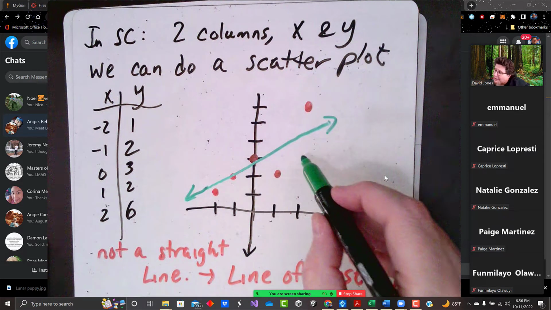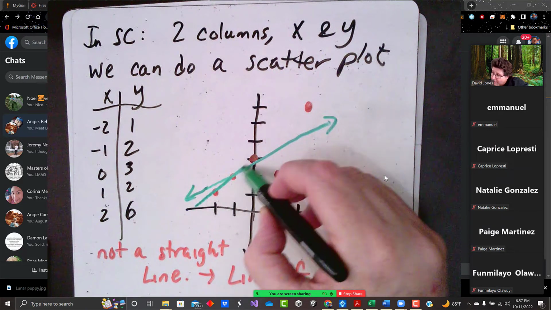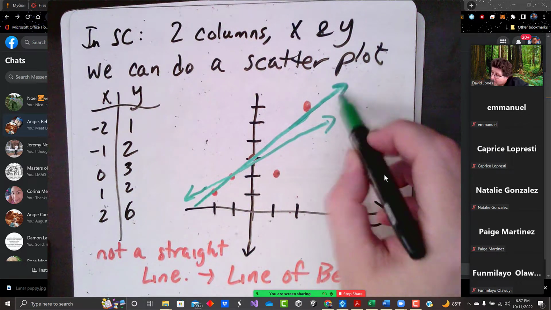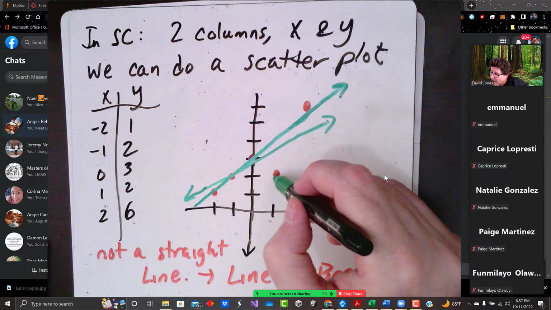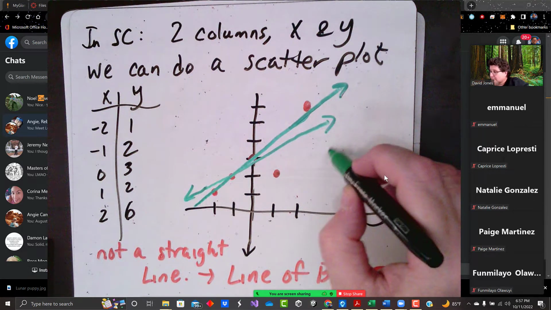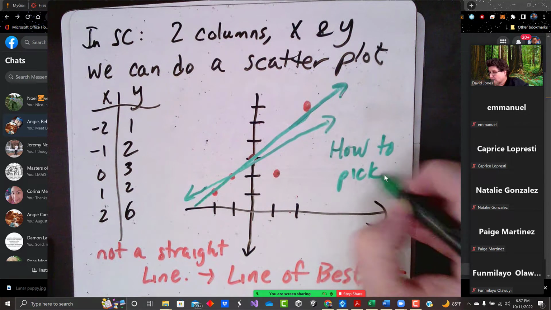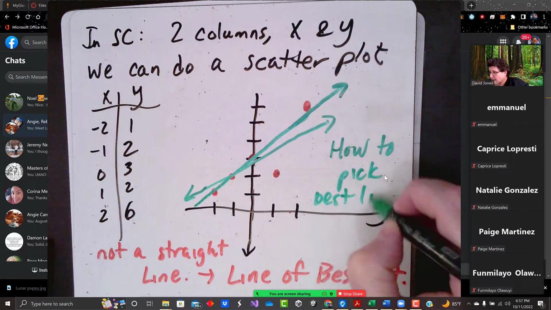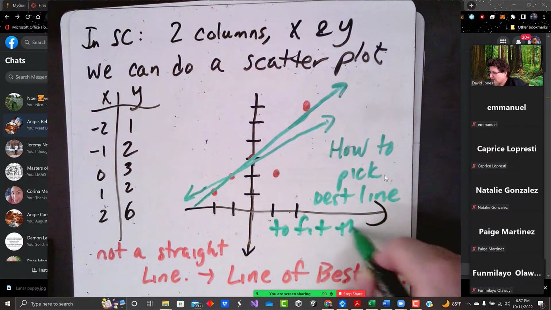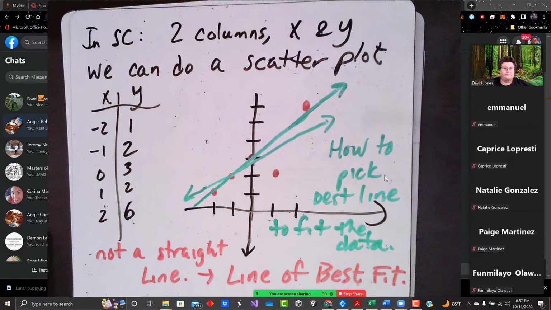This is probably not a good line. A better line might be the one where these three are all in a row, and they come close to hitting that other one. But this one's way off. So how do we pick the best line to fit the data? That's what line of best fit means.